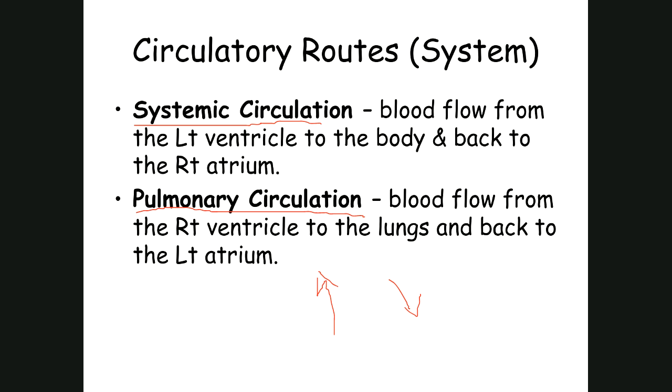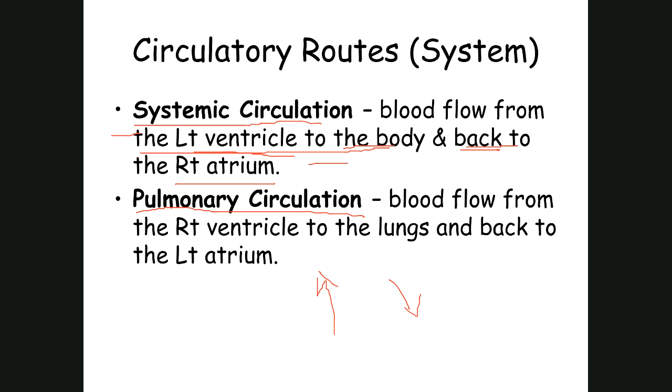The systemic circulation is blood flow from the left ventricle to the body and back to the right atrium. So that means it is from left side to right side.